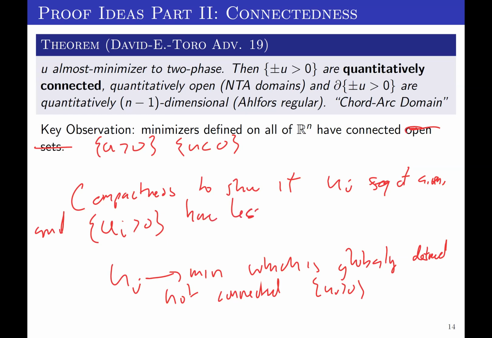Of course, I'm being a little bit vague with this whole thing, but I hope you get the vague idea, right? So again, these important theorems are using ideas of compactness and scale invariance, and so on and so forth.